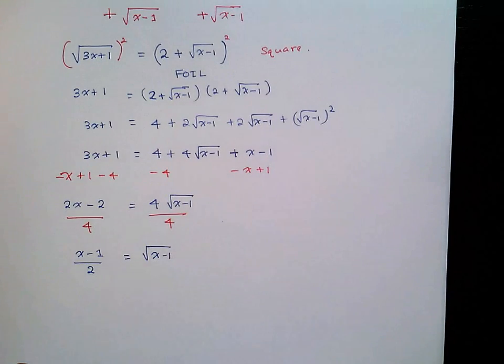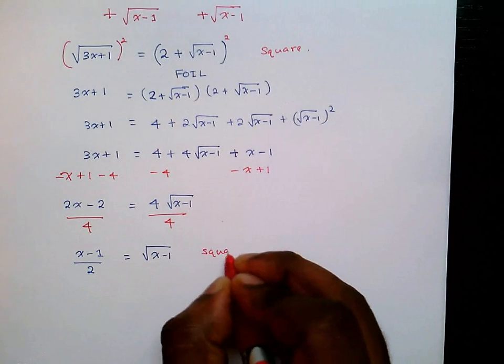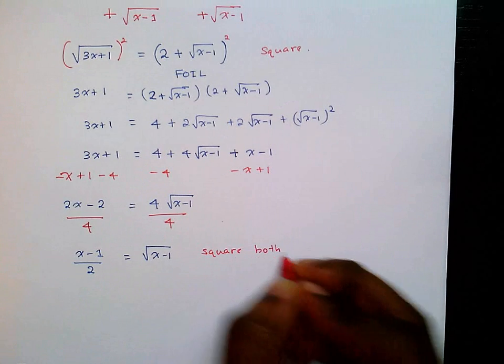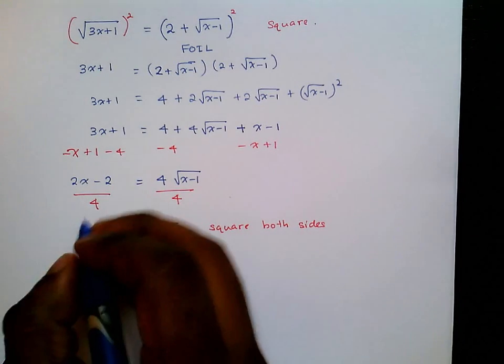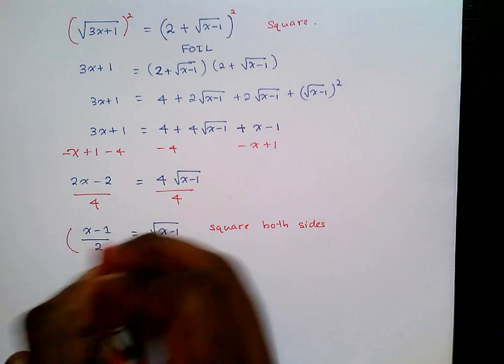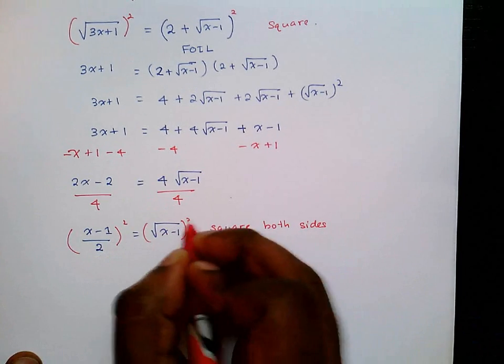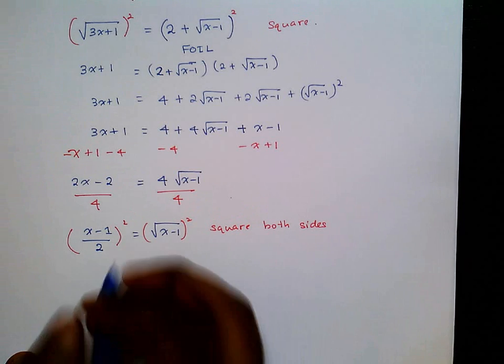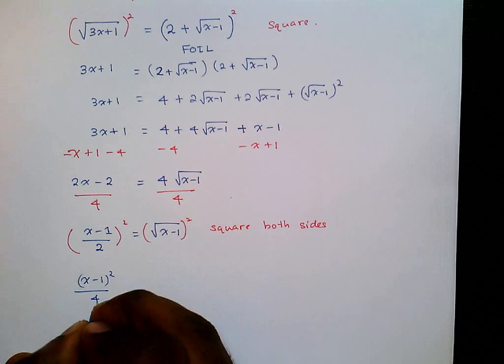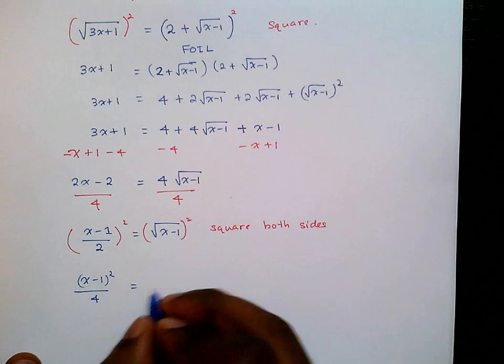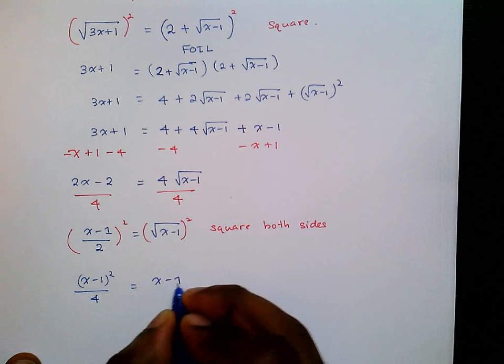Okay, again you square both sides, and you get x minus 1 squared over 4 is equal to the square root of x minus 1 squared, which is just x minus 1.